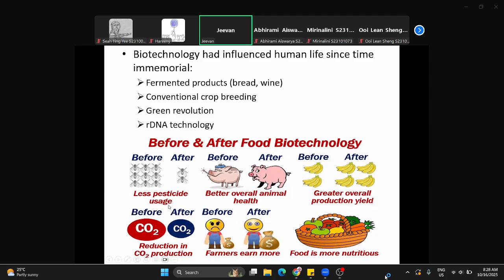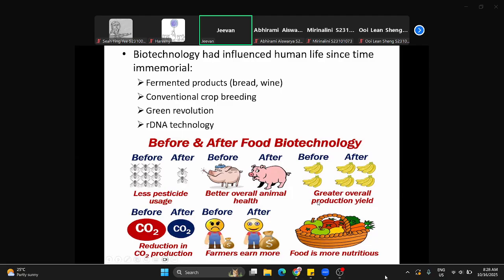Another one is that the overall health of the animal has been improved by selective breeding, one of the ways, and another one is through genetic engineering and also production of vaccines for the animals for their better health.